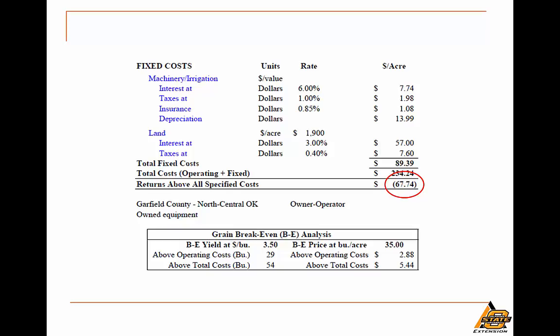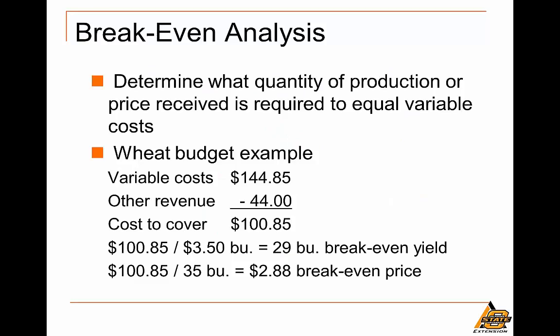Could be a short-term problem, or it may reflect a situation that has occurred over several production periods. And if that's the case, it's probably eating into our equity position, and we probably need to make some changes in our operation, reallocate some resources, or somehow generate some more farm earnings. It's all part of the variability in farm earnings that production agriculture experiences every year.